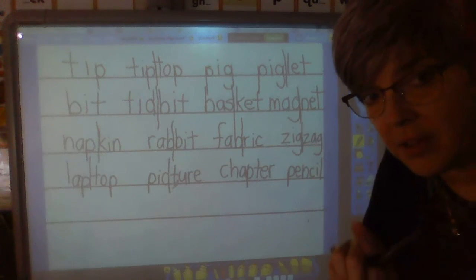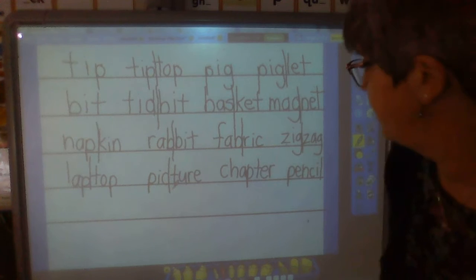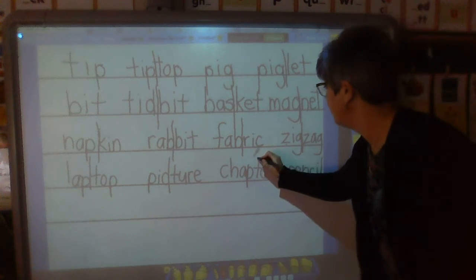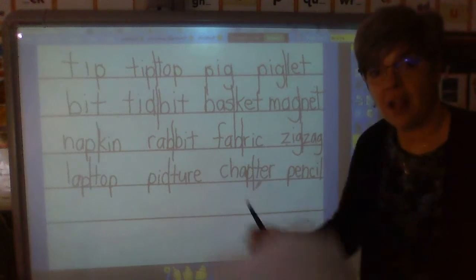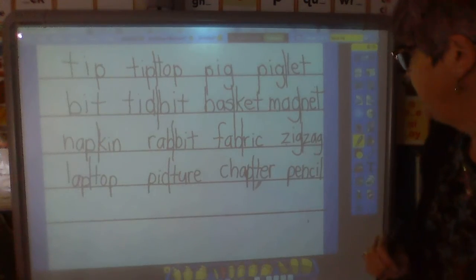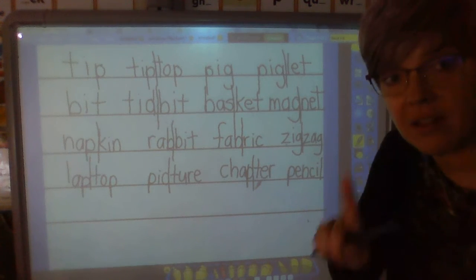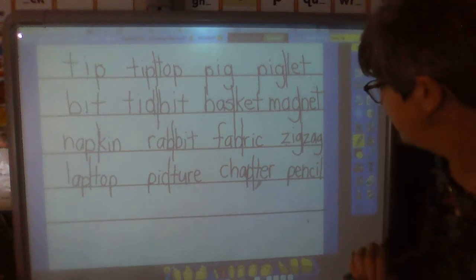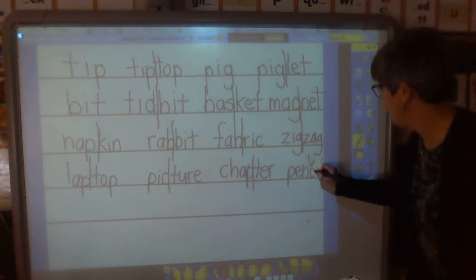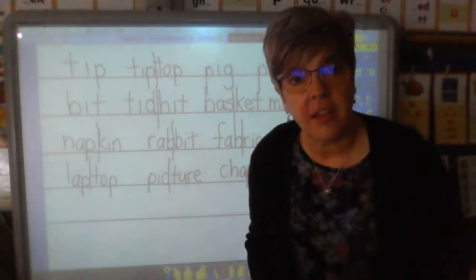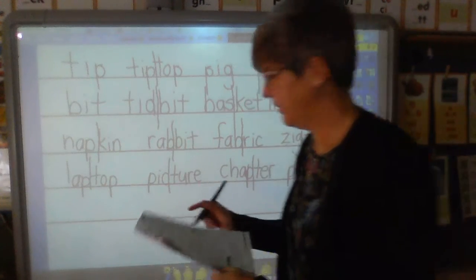Do you see a vowel, consonant, consonant, vowel pattern in there? You're right. Between the P and the T. Pencil. Pencil. Divide it where? Does it have the pattern? Do you see a vowel, consonant, consonant, vowel pattern in there? You're right. Between the N and the C. Good job, second grade. Let's take a look at our sentence today.